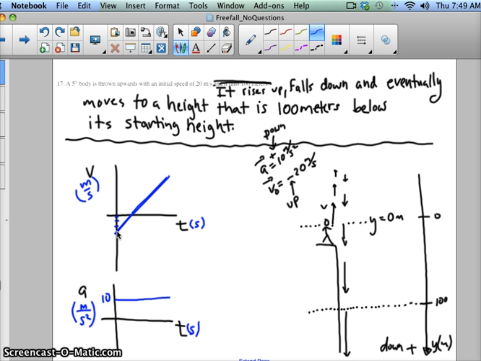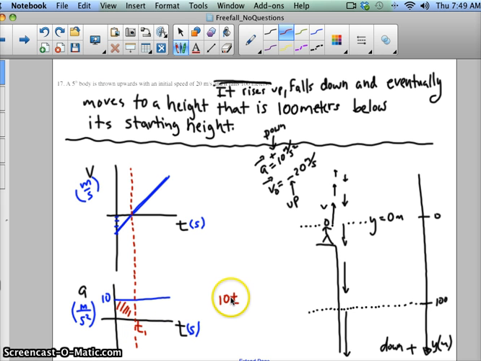Now, I suppose you would want to realize that if I draw a dotted line going down here, this area here is going to be 10 times t1. So I'll just call this value t1.